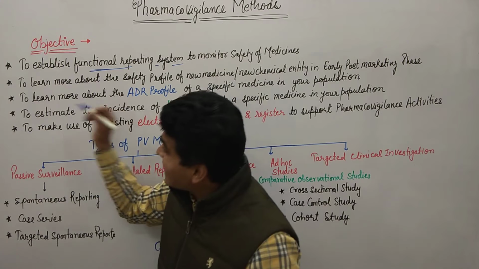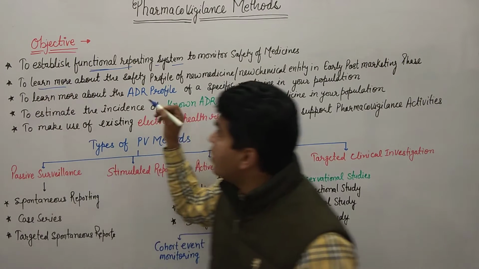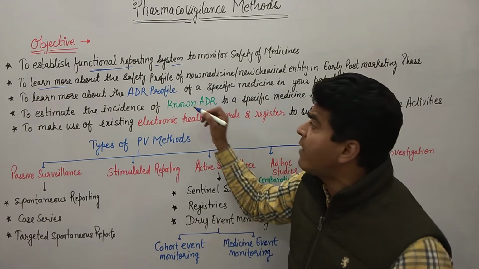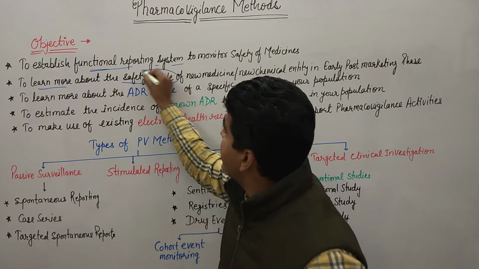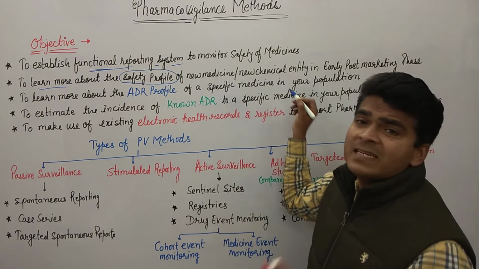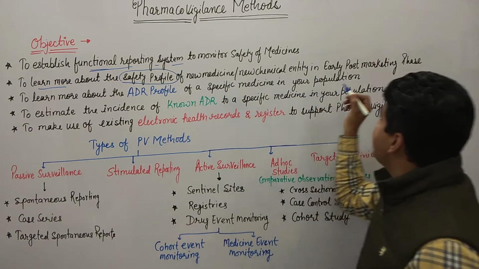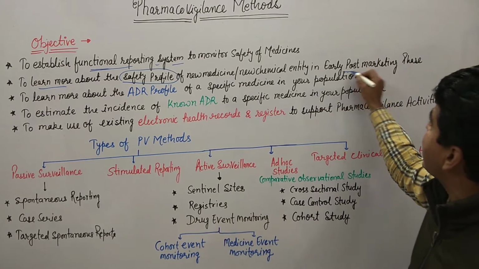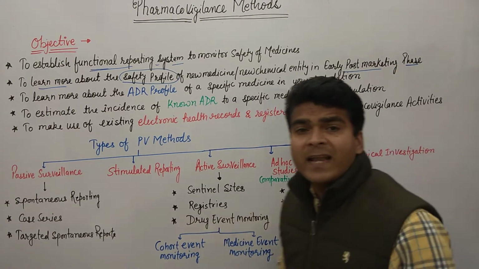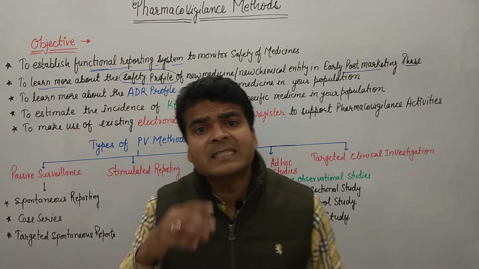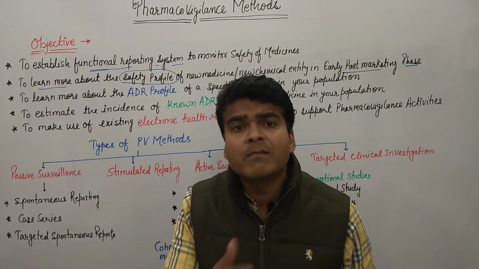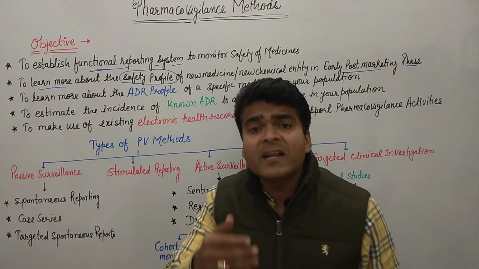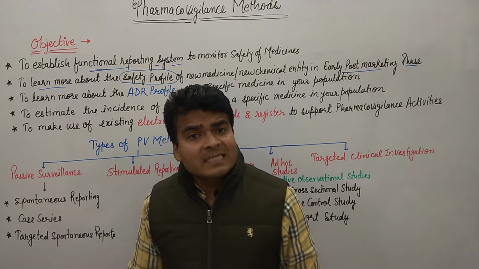Now moving on to the second objective: to learn more about the safety profile of a new medicine, or we can say a new chemical entity, in the early post marketing phase. Whenever a drug is approved after phase 3 and launched in the market, there is a need for post marketing studies.